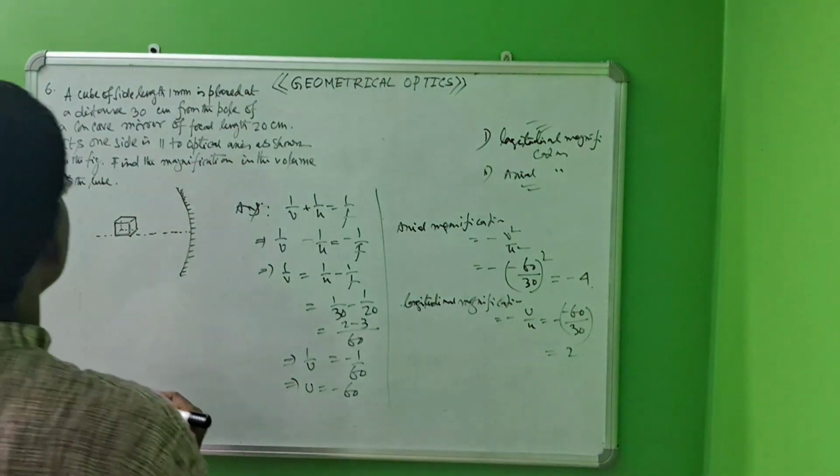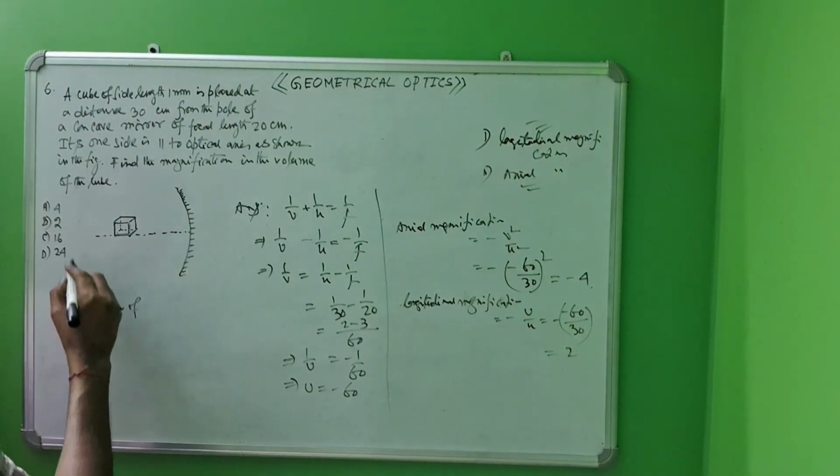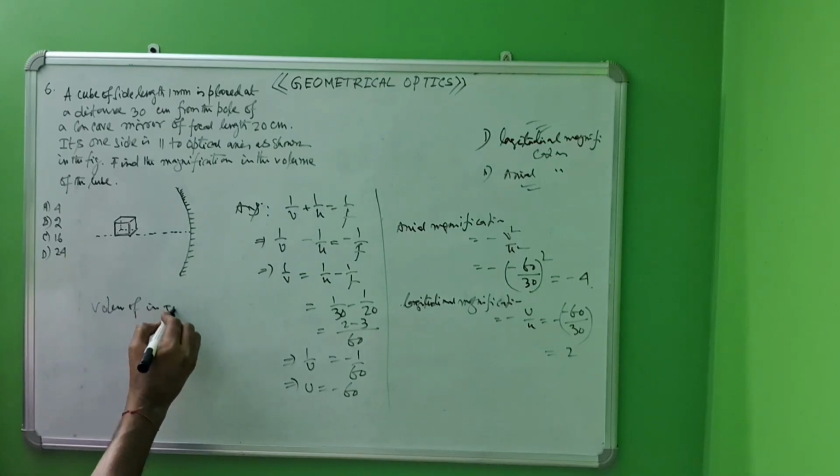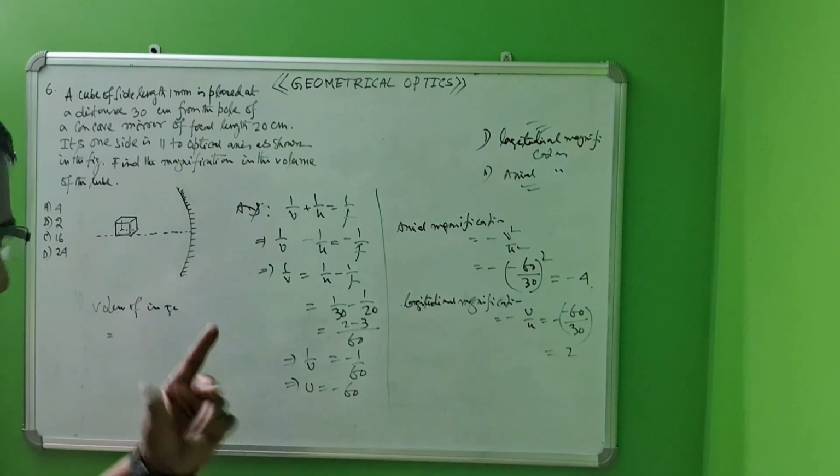So the volume of the image equals length into breadth into height.